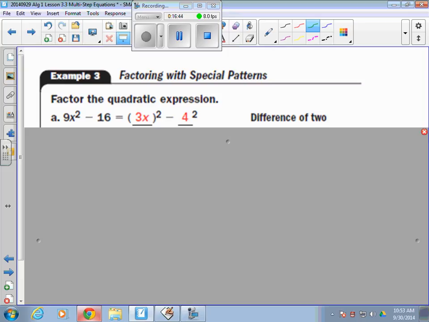Here's factoring special patterns. Factor the quadratic expression. Two perfect squares. 9x squared is the same thing as 3x squared, the difference of two perfect squares.